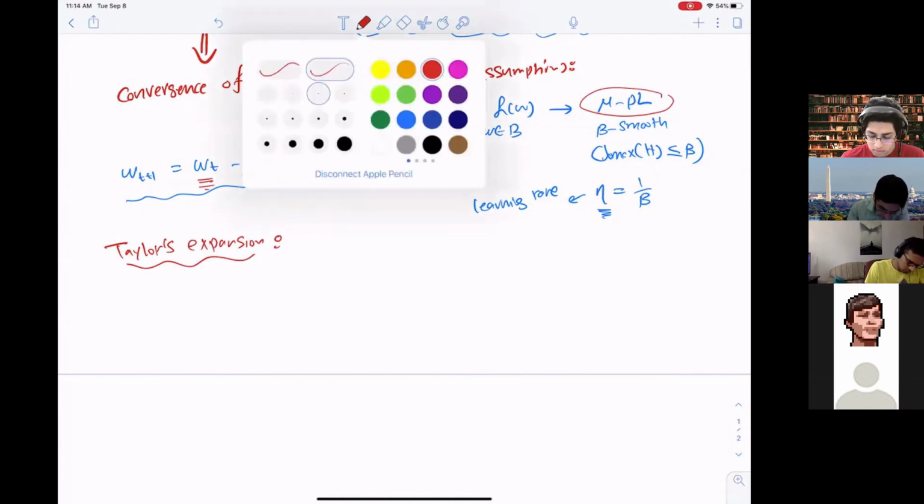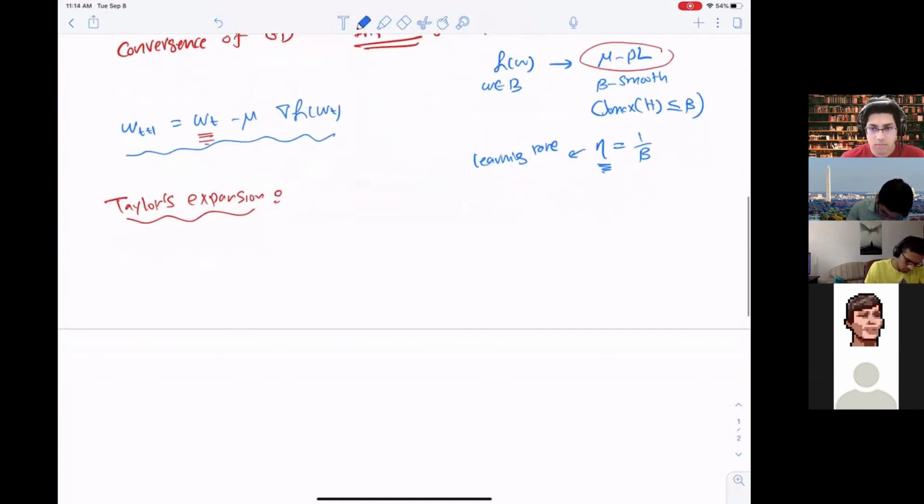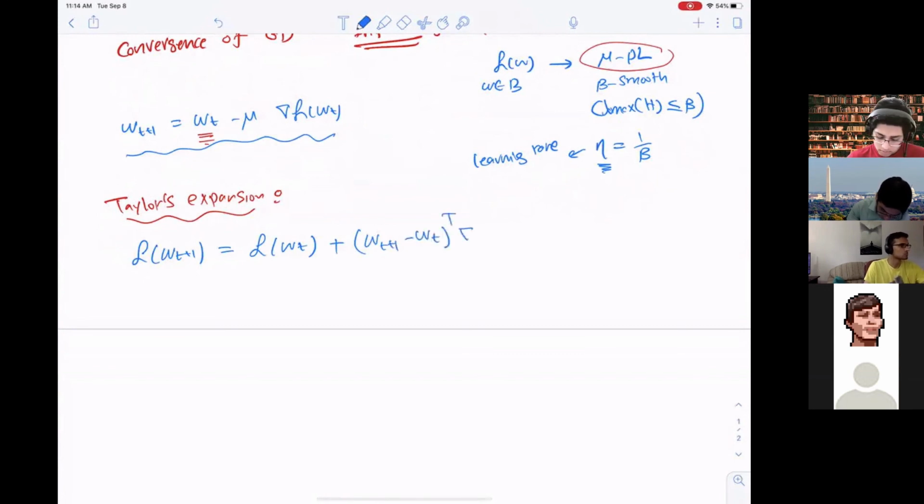I'm going to evaluate my loss at W_{t+1}. So my loss at W_{t+1} is equal to my loss at W_t, plus the second term, W_{t+1} minus W_t transpose times the gradient. This is the first-order Taylor term, plus half of W_{t+1} minus W_t transpose times the Hessian at a point, say W prime, times W_{t+1} minus W_t. It's just Taylor's theorem.